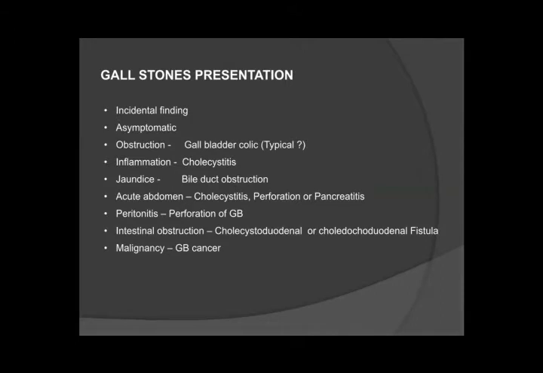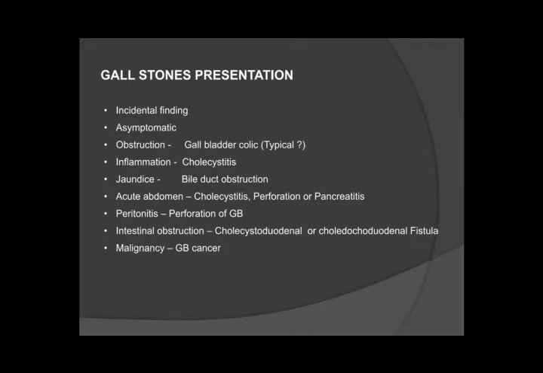That is known as an incidental finding. The patient had no symptoms, no presentation, no signs or symptoms at all, and on ultrasound we found out that there are gallstones. Hence they will be known as an incidental finding.